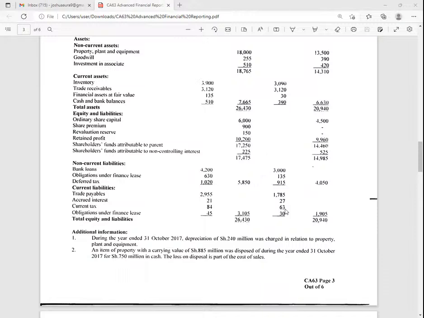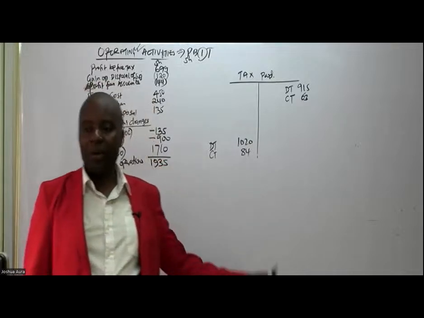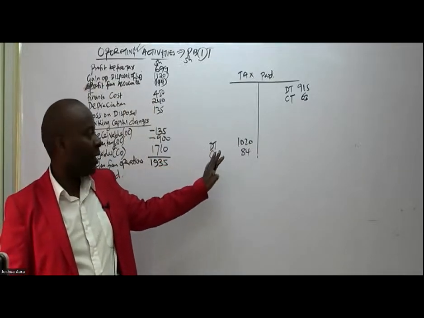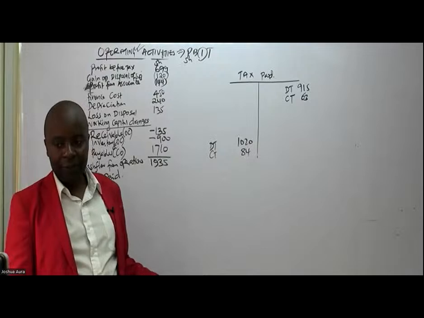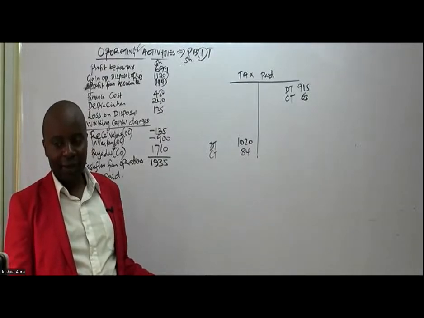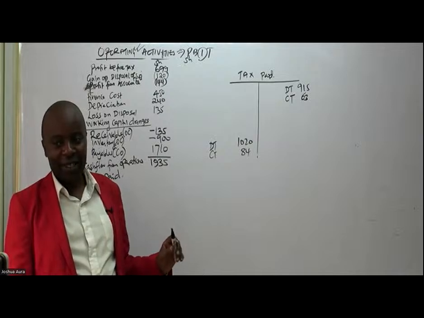First of all, I confirm with my friends whether these figures, the way I've taken them up, are okay. Let's look at the figures only. Only deferred tax is CT. Yes, thank you very much.